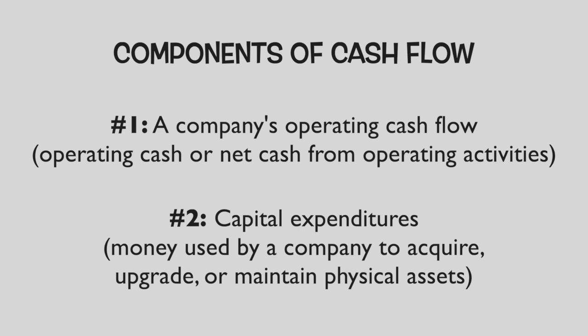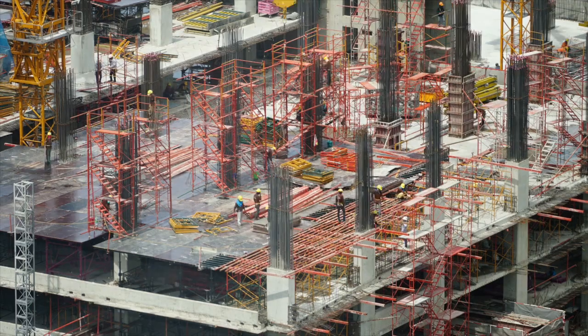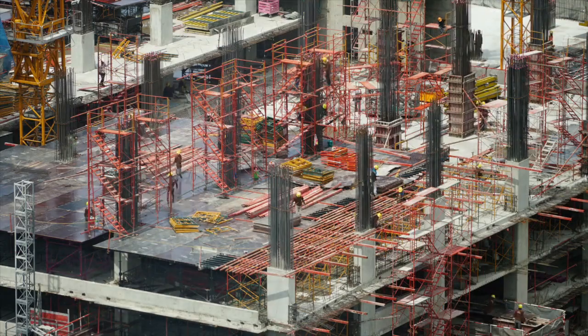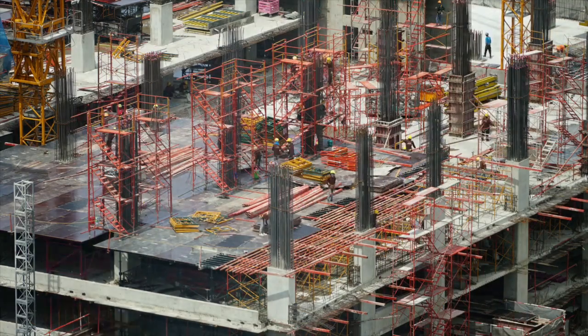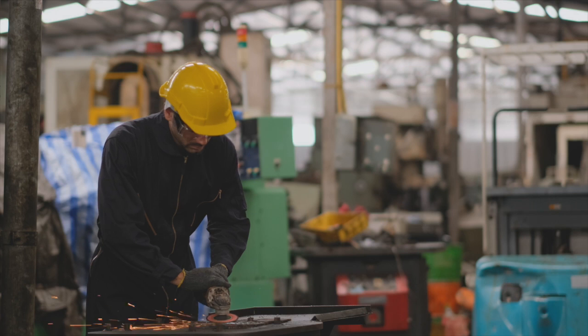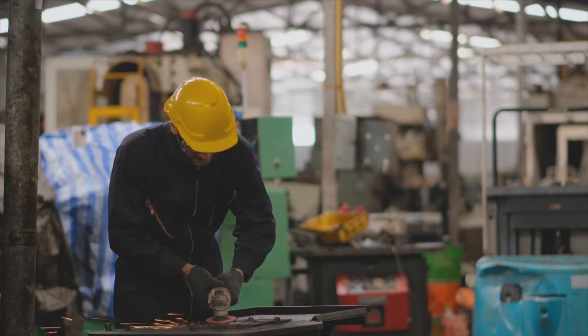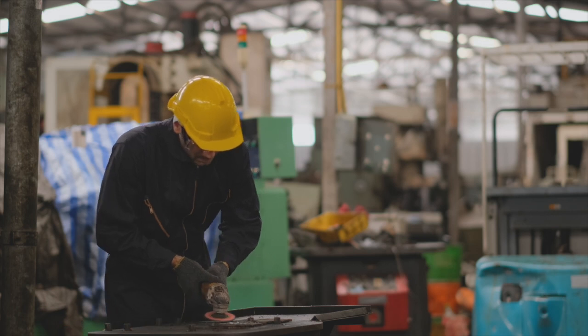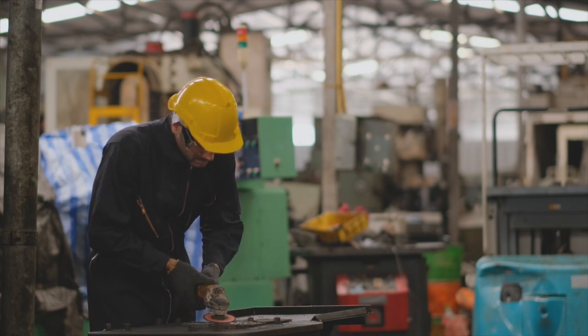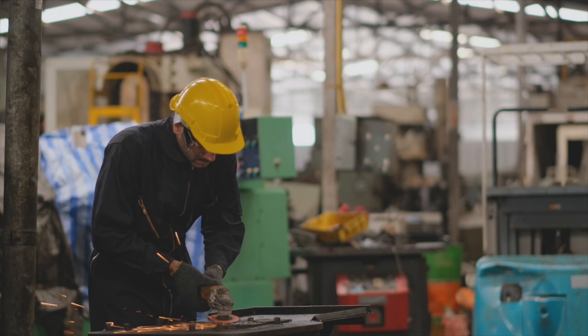Capital expenditures, or CapEx for short, is just a fancy way of saying the money used by a company to acquire, upgrade, and maintain physical assets, such as property, plants, buildings, technology, or equipment. Making capital expenditures on fixed assets can include repairing a roof, purchasing a piece of equipment, or building a new factory. You can easily find these numbers in a company's annual report and financial statements.